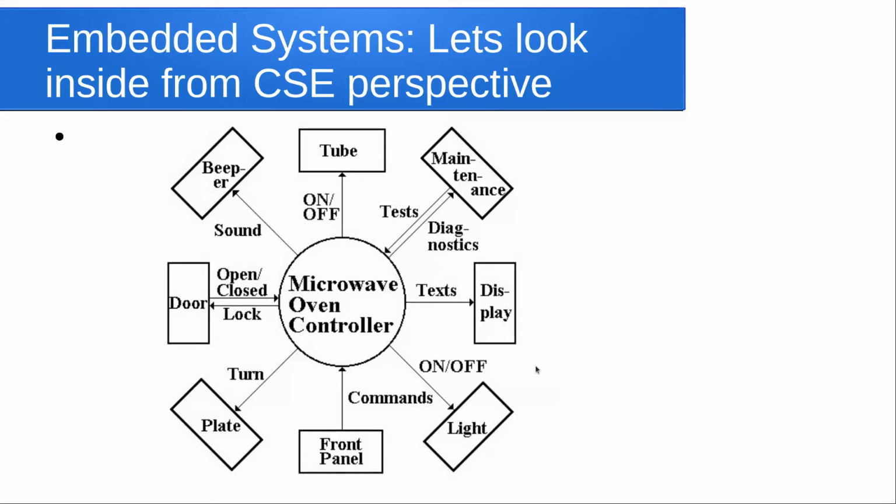So for instance, if you take a look at a microwave oven controller, a simple on-off kind of embedded system, let's see what its input panel consists of, right? It could have a front panel with various buttons to select the kind of operation, whether it should be level 1, level 2, or level 3.